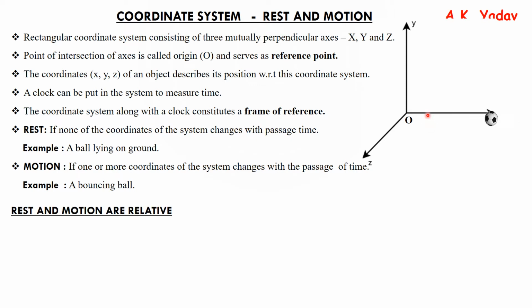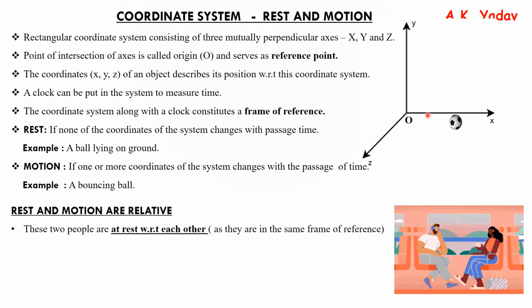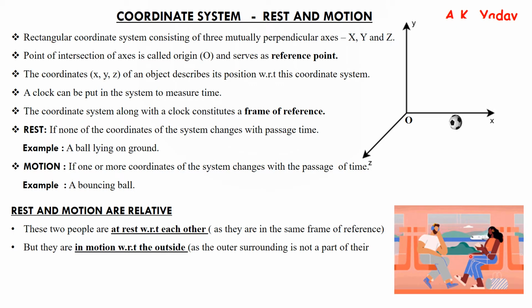Now rest and motion are relative. I will explain this with the help of this example. In this diagram you can see these two people are at rest with respect to each other, as they are in the same frame of reference, or I can say they are not changing their positions with respect to their surrounding, but they are in motion with respect to the outside.